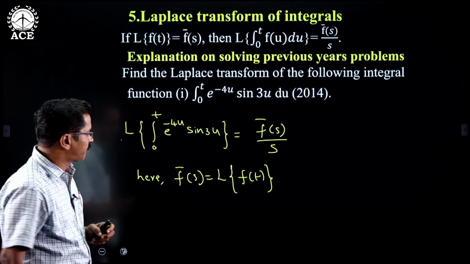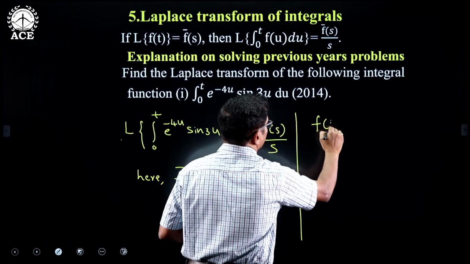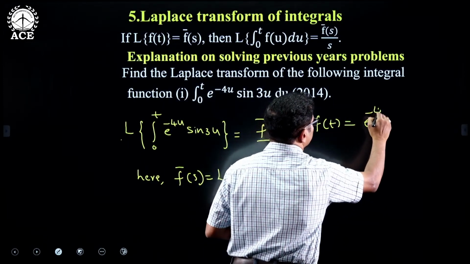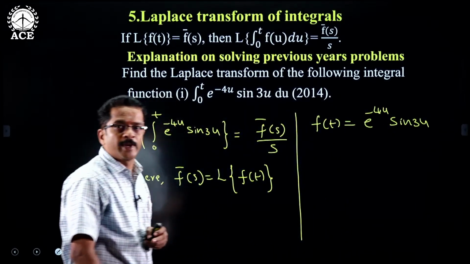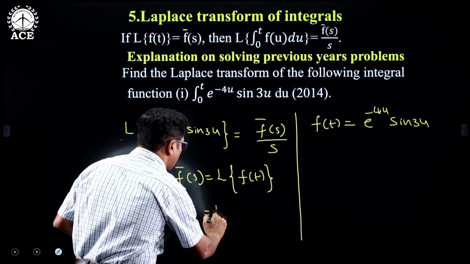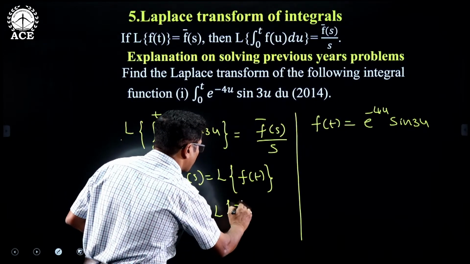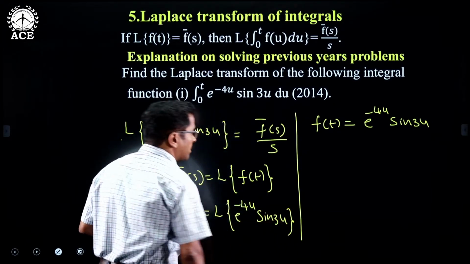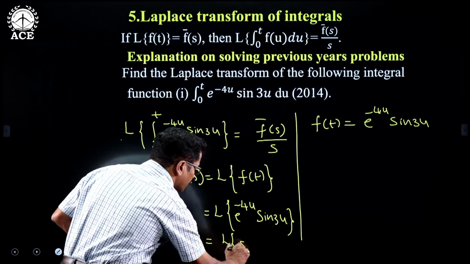F bar of s means L of f of t, where f of t means what? What is f of t here? E power minus 4u sin 3u. So then, which is L of e power minus 4u sin 3u, which I am going to evaluate by using the first shifting theorem.